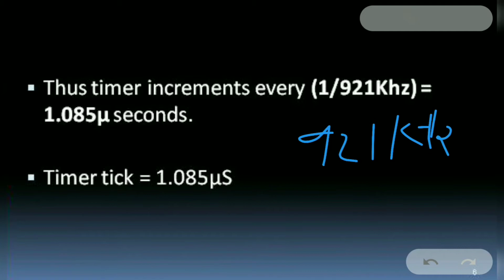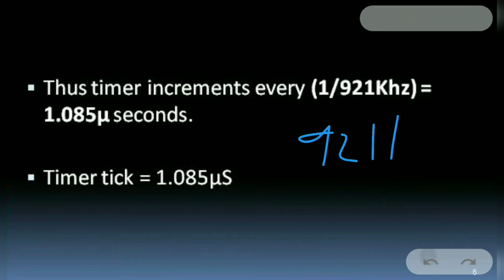If we have the frequency, then we can find out the time period. That is, the time period of a timer is the time taken by the timer to count a tick. From this frequency, we can find out the time period.